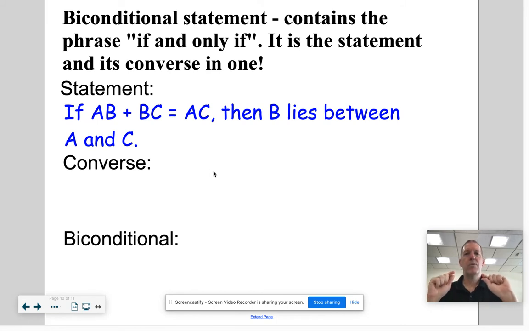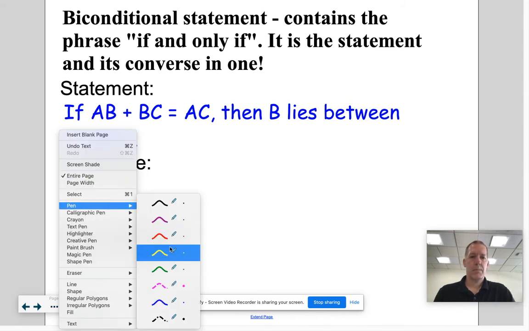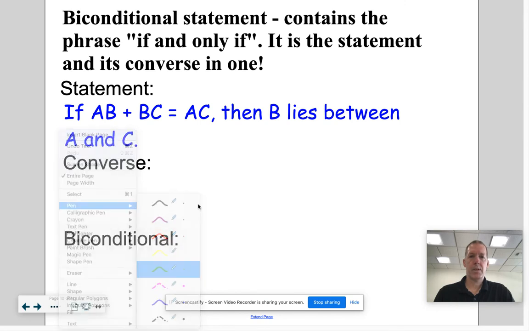Now, if you do have a statement where the conditional and the converse are both true, which is what you see in front of you here: if segment AB plus BC equals AC. Just think of it like you've got a segment, from A to B. Let me see if I can get a pen here. Maybe I can draw this out a little bit.